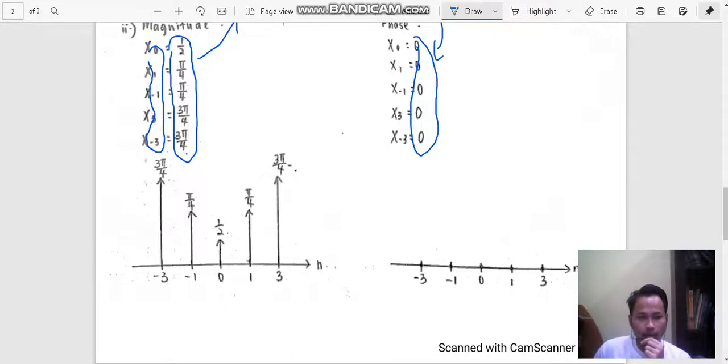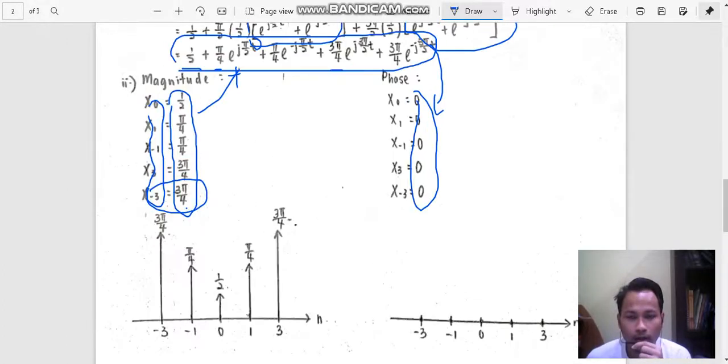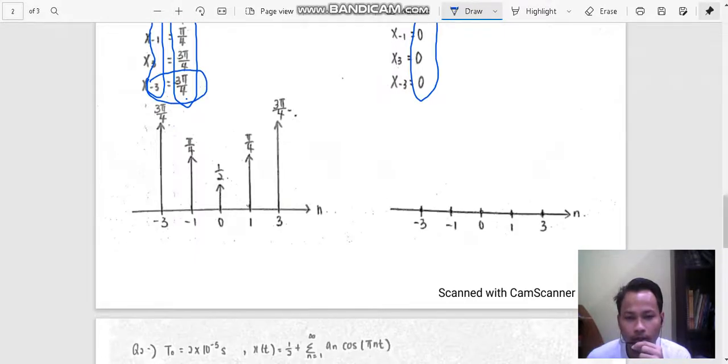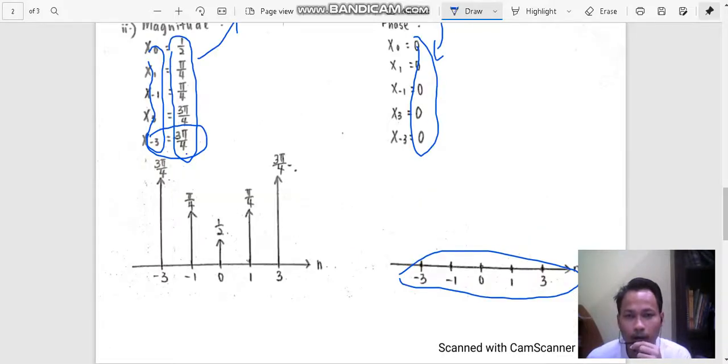So negative 3, 3 pi over 4. Negative 3, 3 pi over 4. And so it goes for the others. 0, 1 over 2. As for the phase, we just get the range of the n-axis, but all of the phase is 0, so we have nothing to draw here because of 0.